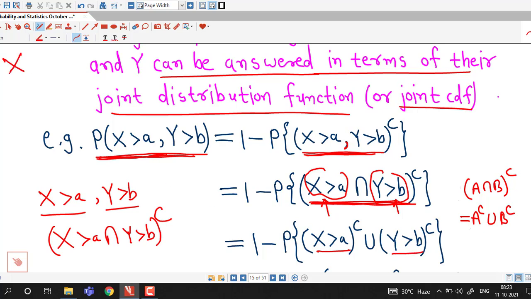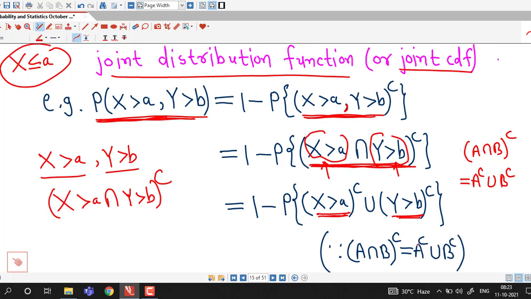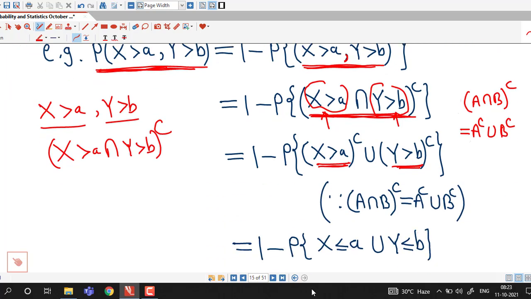Now the complement of X greater than a is the event that X is less than or equal to a. So this we replace by capital X less than or equal to a, and this we replace by capital Y less than or equal to b. So this is nothing but 1 minus the probability that X is less than or equal to a union Y is less than or equal to b.